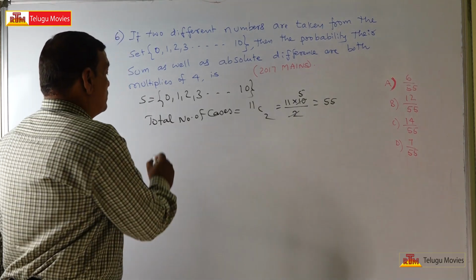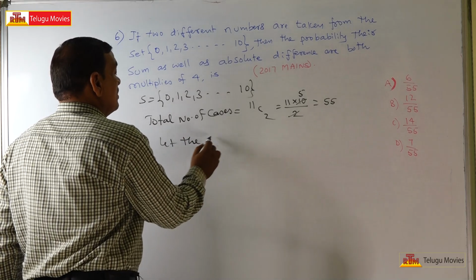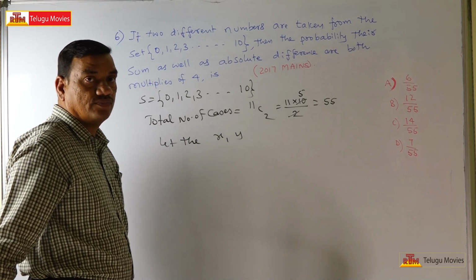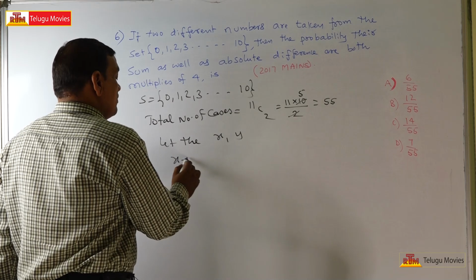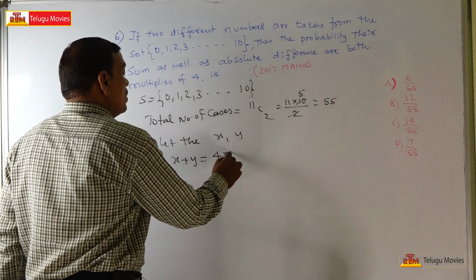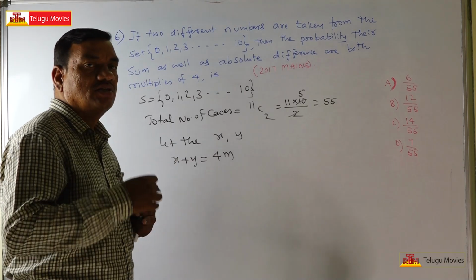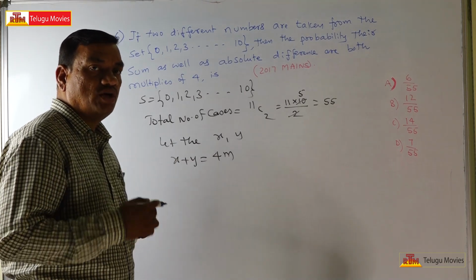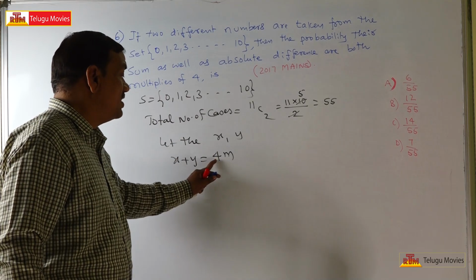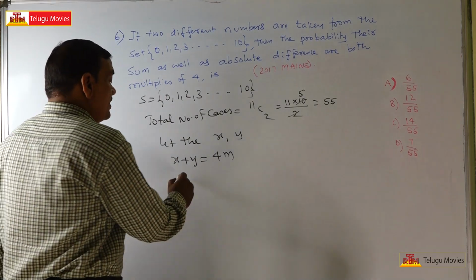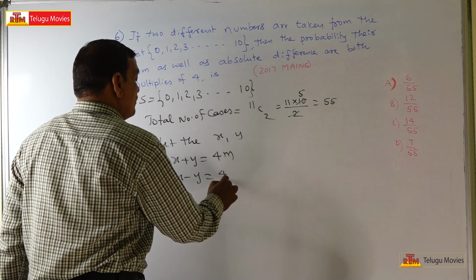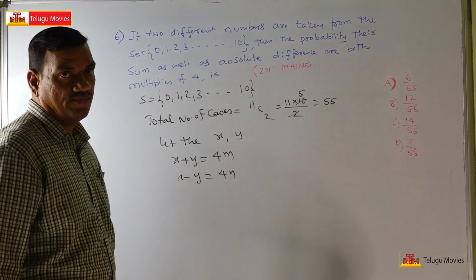Let the numbers be x comma y. Their sum should be a multiple of 4, that means 4, 8, 16, 20, 24, like that. And their difference is also a multiple of 4.